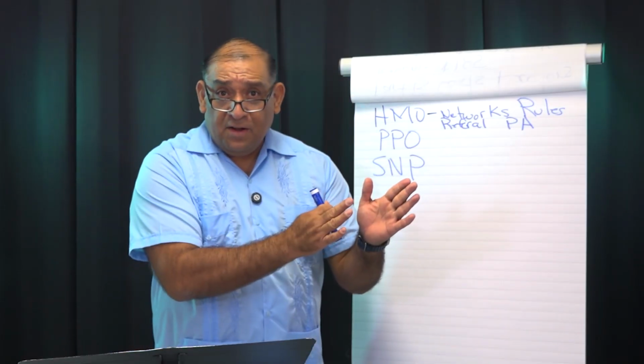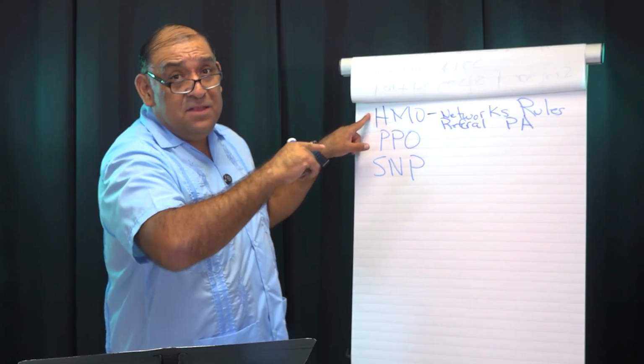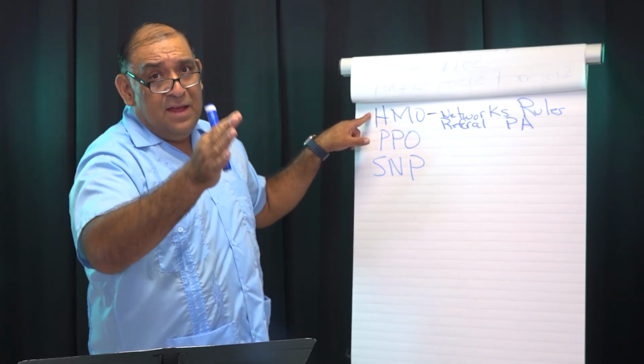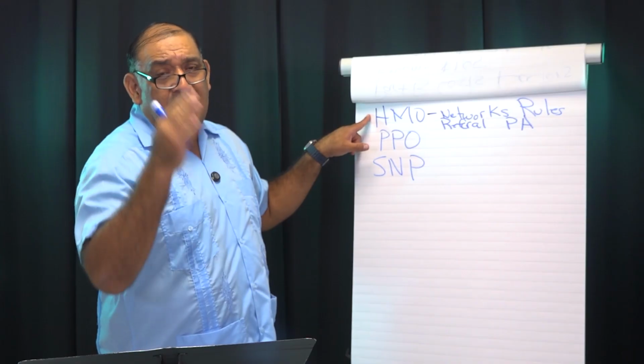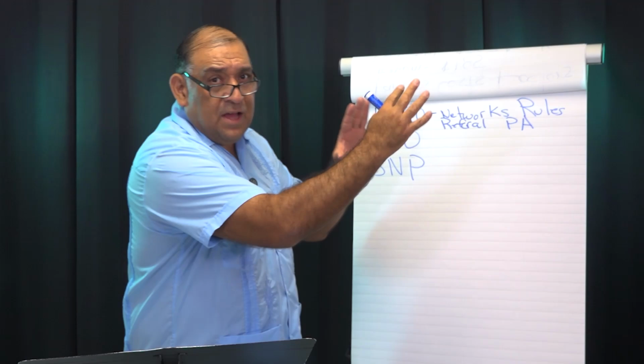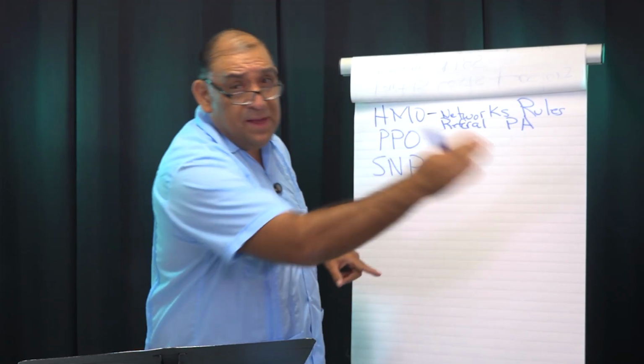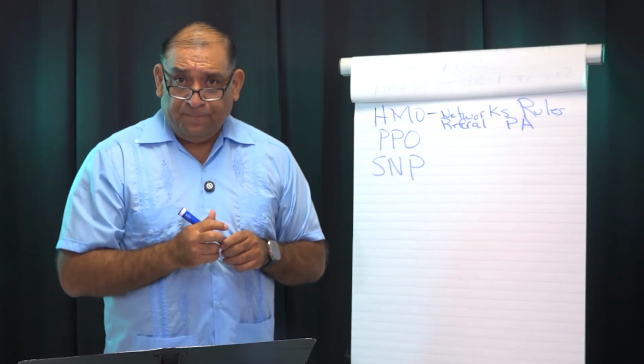Your primary care doctor, your HMO provider, has to send the referral to the specialist and say, Albert Robledo needs a gallbladder surgery. The insurance company approves it. That's the prior authorization. The referral goes to the specialist and my surgery is done.